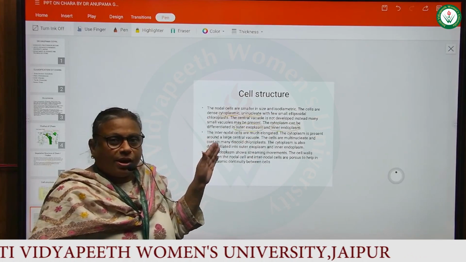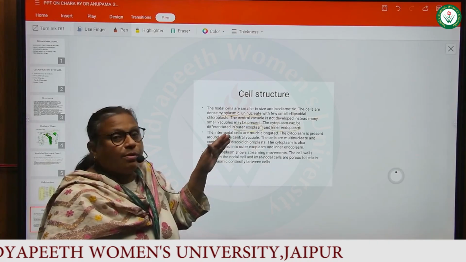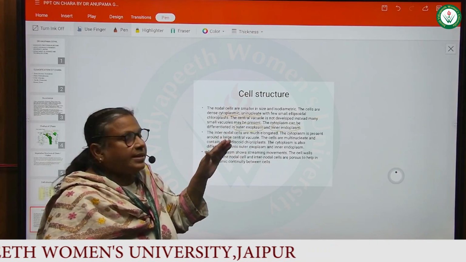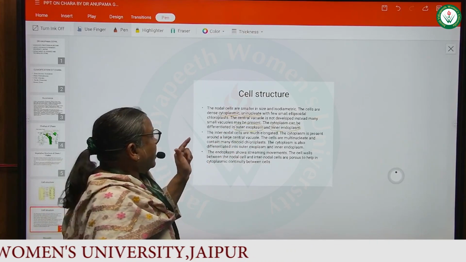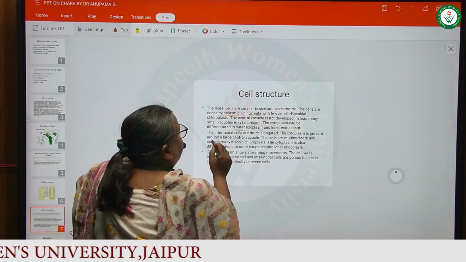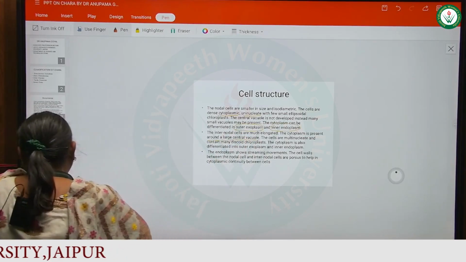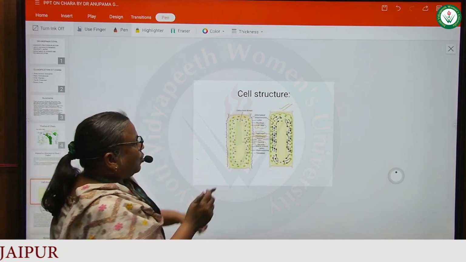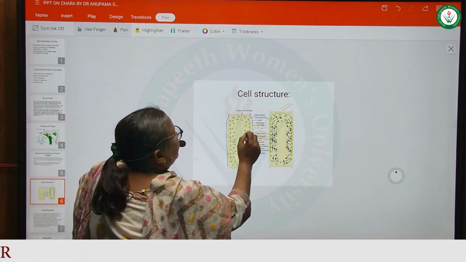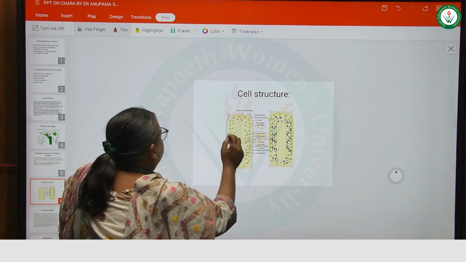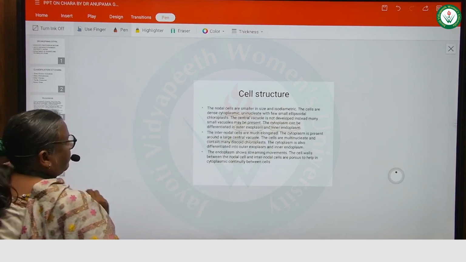The internodal cells are much elongated. The cytoplasm is present around a large central vacuole. This diagram shows a large central vacuole, and around it the cytoplasm is present.